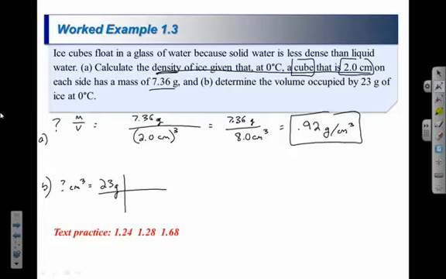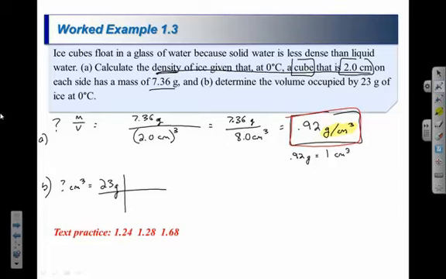Well, the density is a relationship. Anytime you're given a number like this that has units, where I've got one unit over another unit, that is a relationship. You can express that as 0.92 grams equals 1 centimeter cubed. That's what that density tells me.